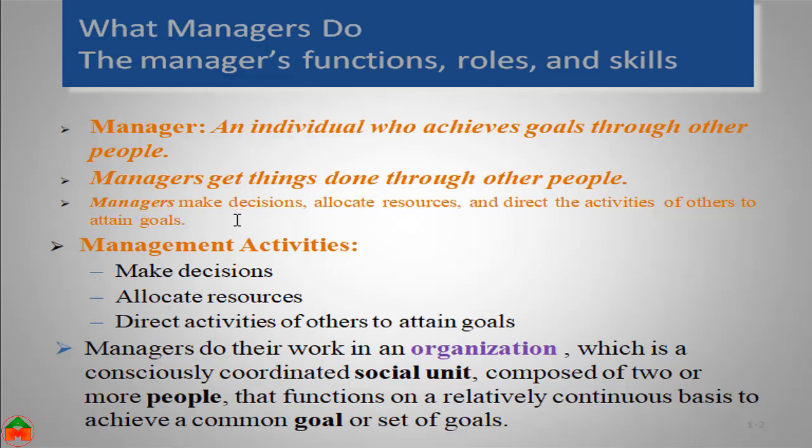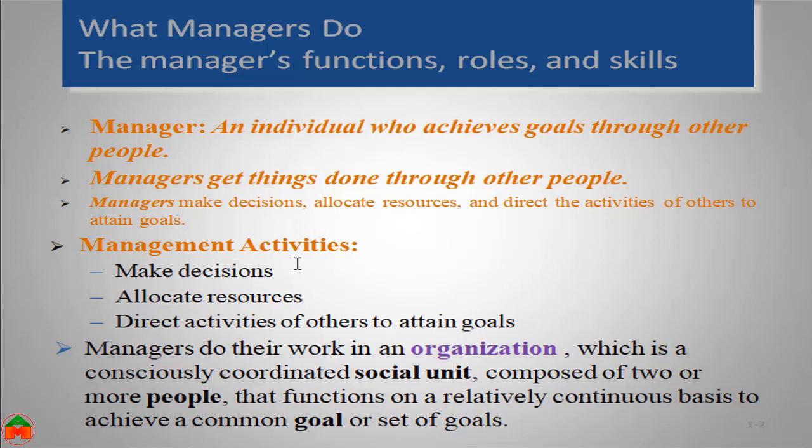That means managers get things done through other people, and for that purpose, the manager should make decisions, allocate the resources, and direct the activities of others to achieve the goals of the organization.